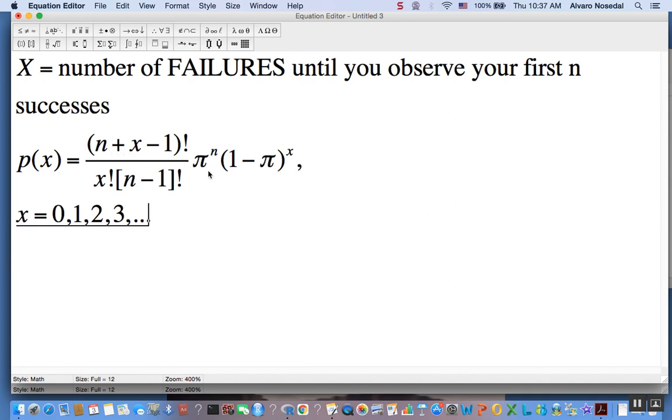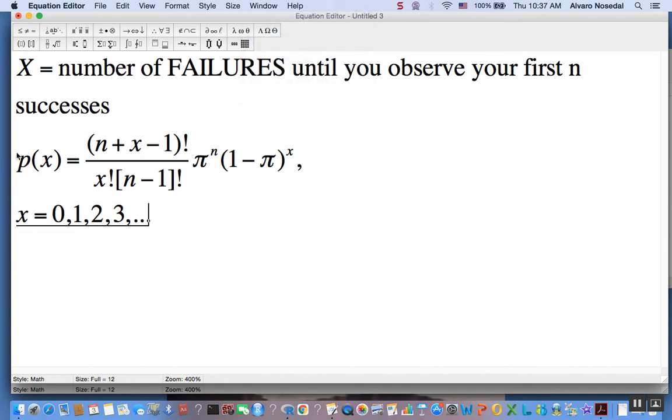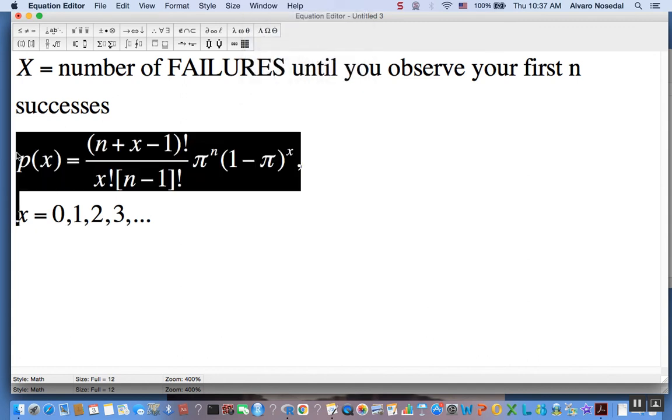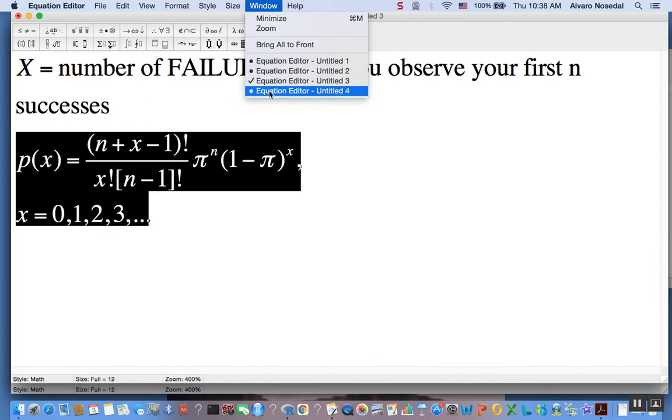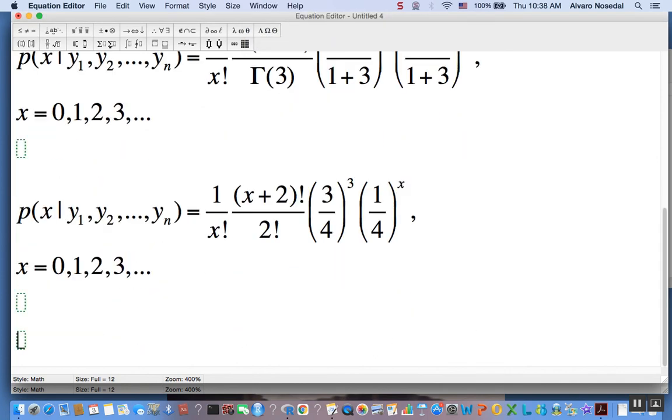So pi to the power of n, 1 minus pi to the power x. So if you compare that, let me copy paste this to make the comparison easier. Let's paste it here.